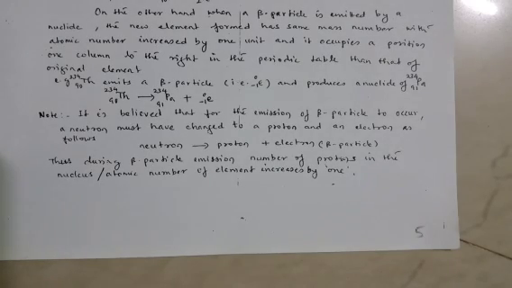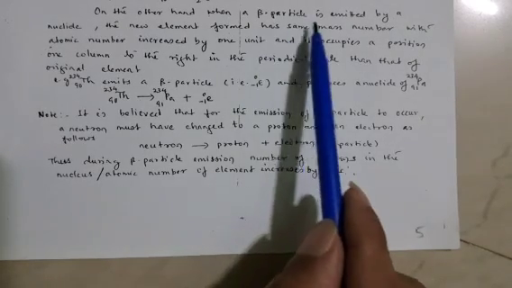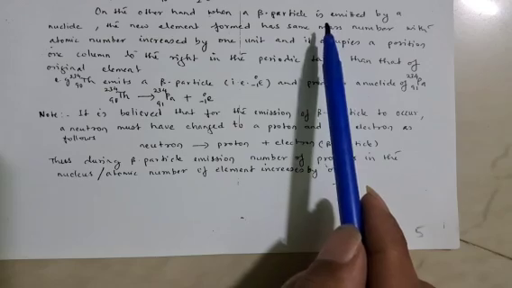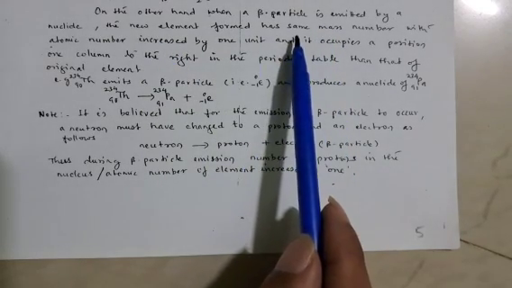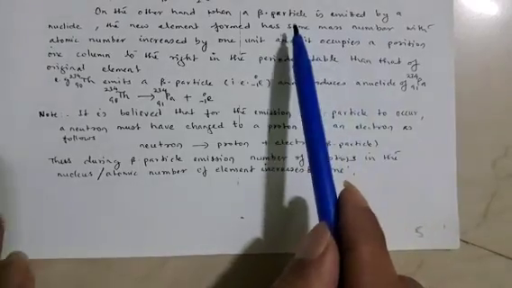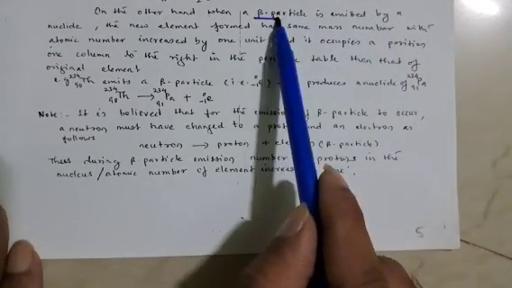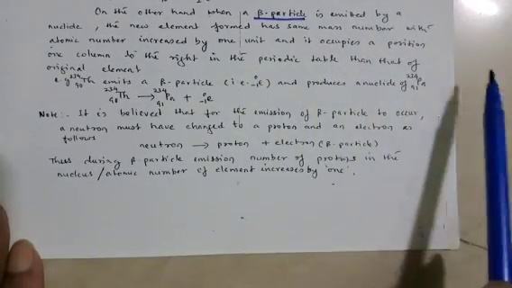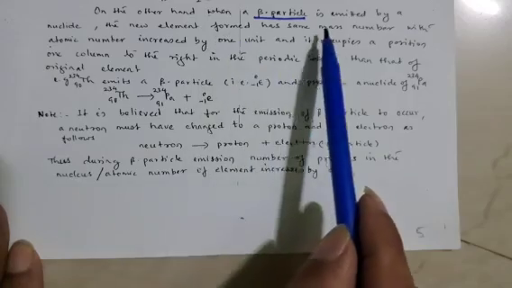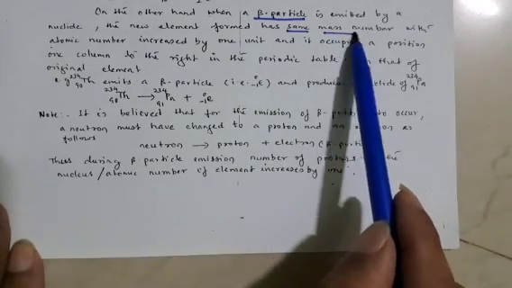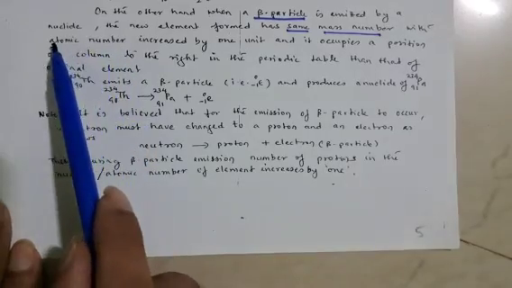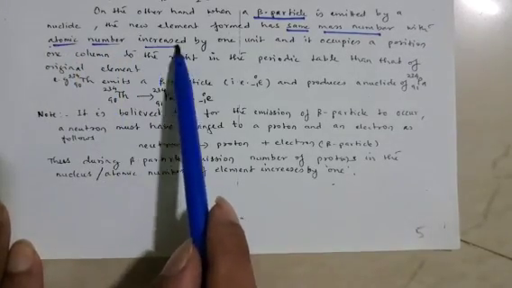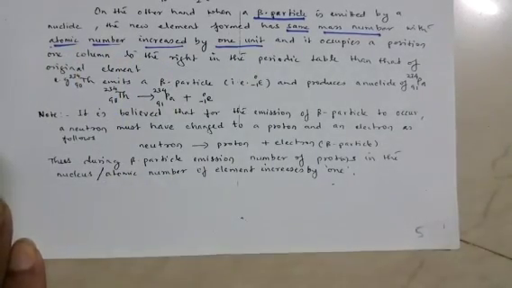Similarly, when a beta particle is emitted by a nucleus, the new element formed will have the same mass number, but the atomic number increased by 1 unit.